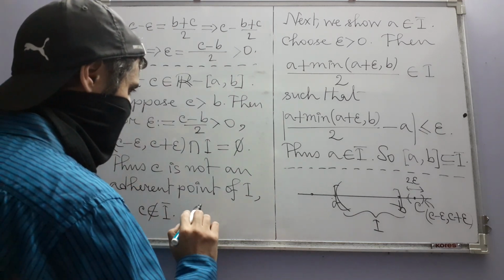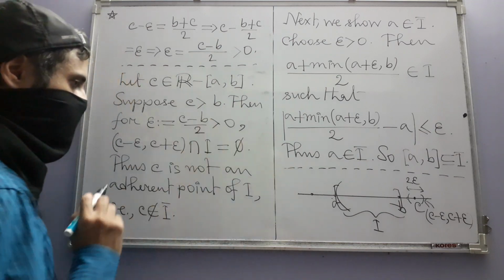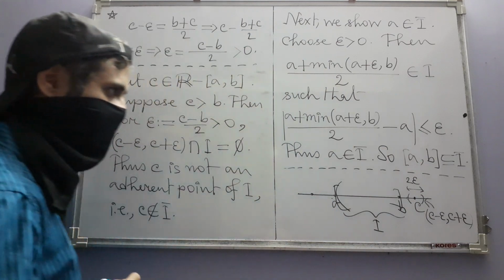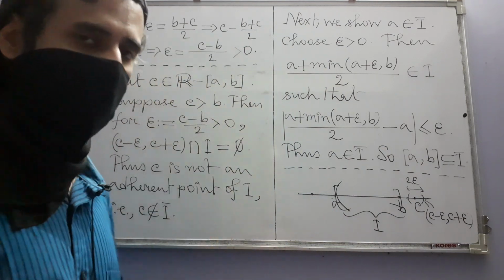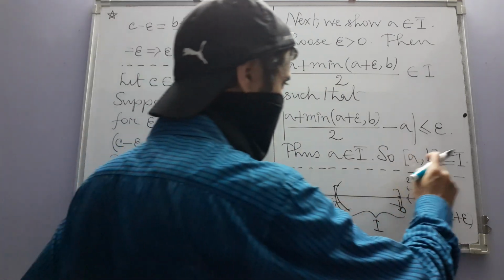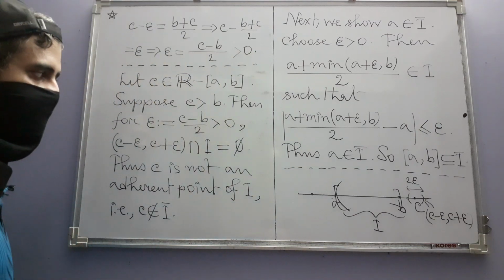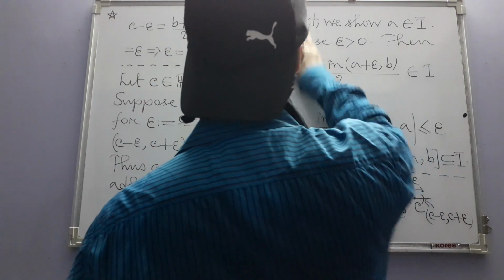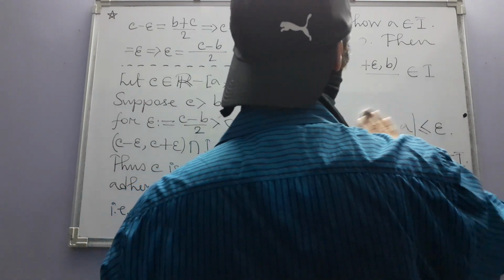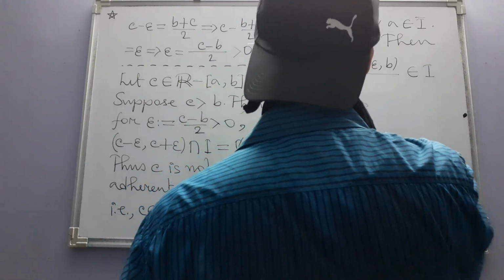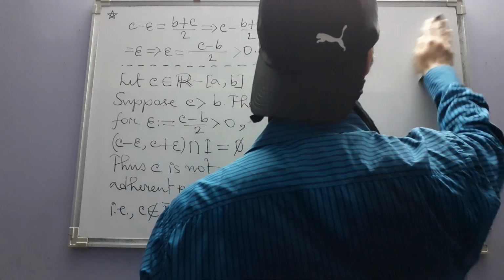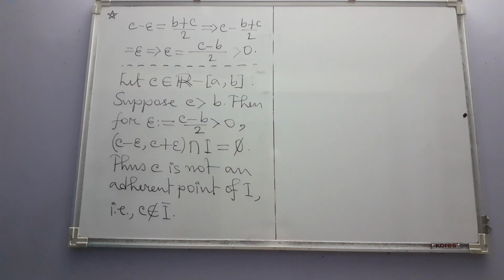Once you do that, then you have shown that this closed interval is a subset of I closure, but nothing else is in I closure. So that means it has to be equal to I closure. And then after doing all those things, you can finally write that I closure is equal to the closed interval A comma B.